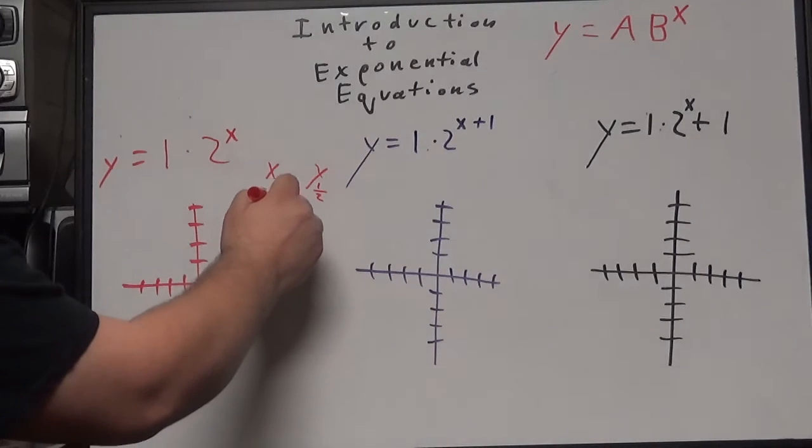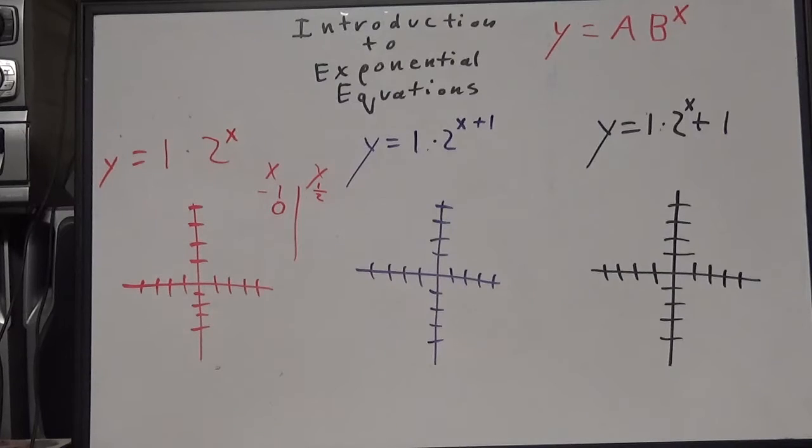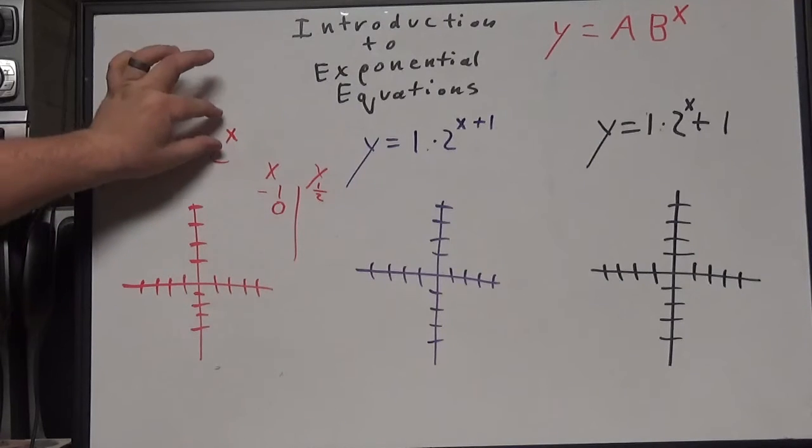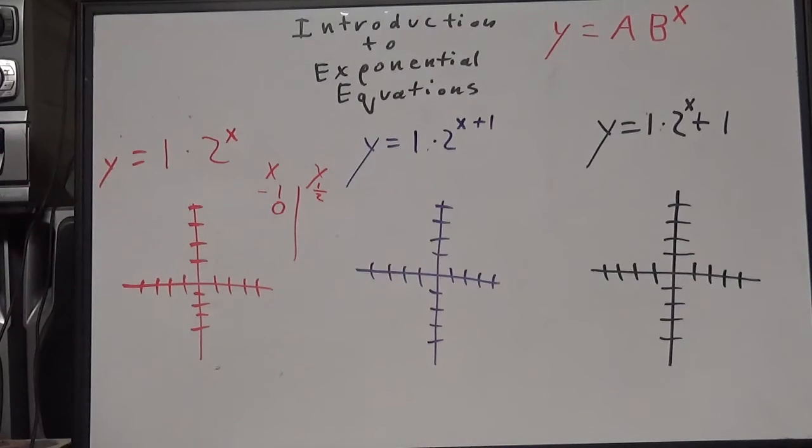Next, I'm going to put 0. Again, the exponent rules: anytime you have an exponent of 0, it equals 1.